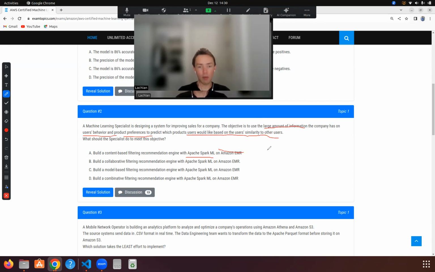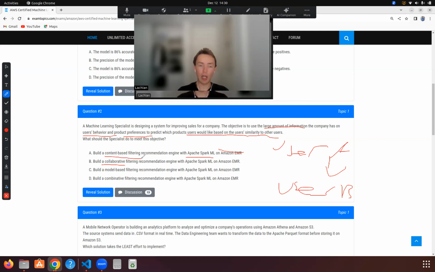Now, when you're comparing user A to another user B who's similar, usually what you do there is some form of collaborative filtering, right? Collaborative filtering is literally where you look at other users who are similar to the current user and then provide some recommendations based off that.